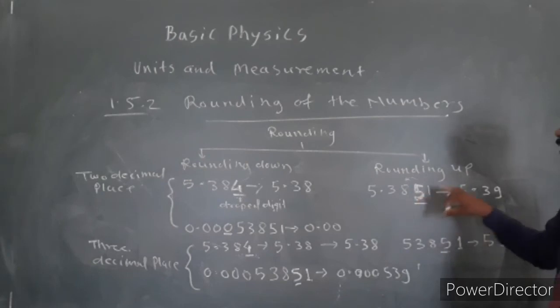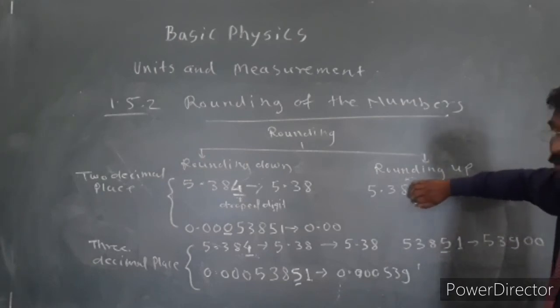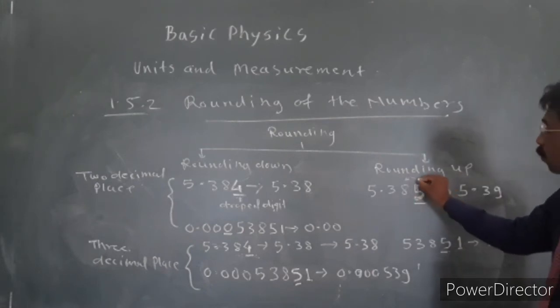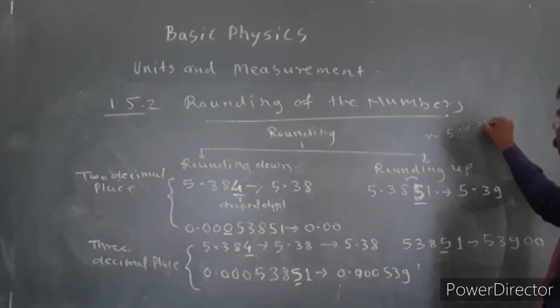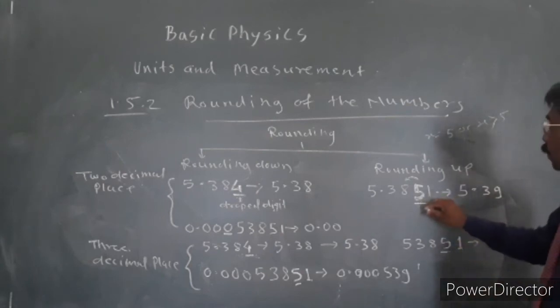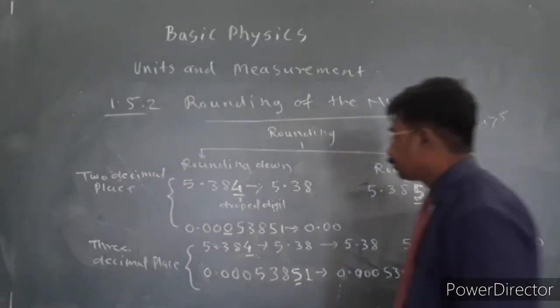Take 5.385. Up to two decimal places means I have to eliminate this digit 5, and the last digit is 5. So when the digit is equal to 5 or greater than 5, then we can increment the last digit by 1.